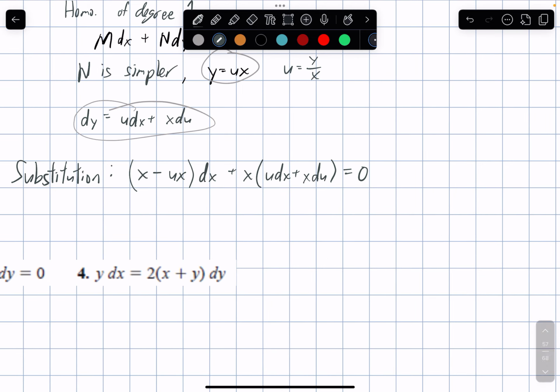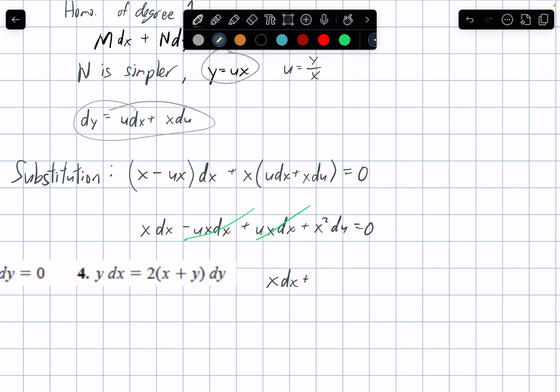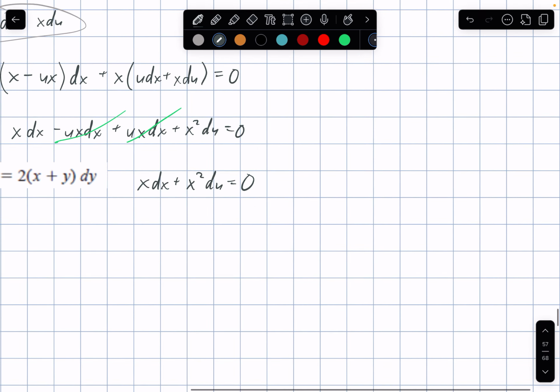Okay, then let's simplify. x dx minus ux dx plus ux dx plus x squared du equal to 0. So I think we can cancel something, this and this. What we have left is x dx plus x squared du equal to 0.